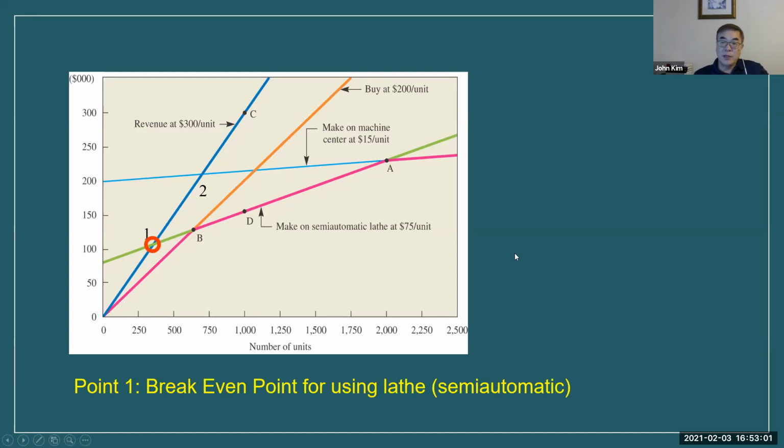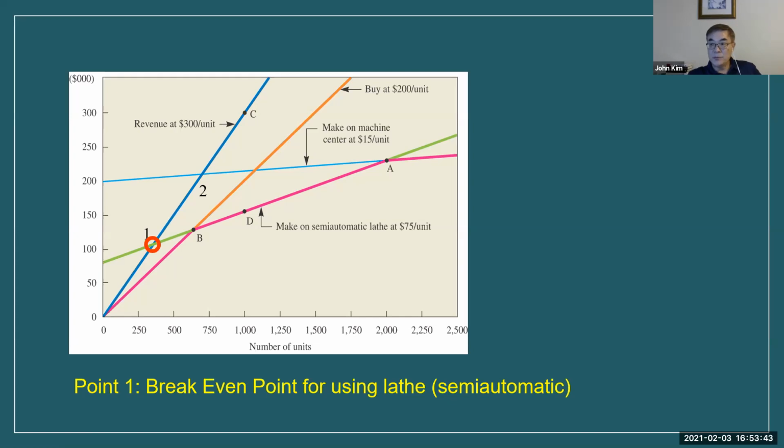Okay, first, point 1: the break-even point for using the lathe, the second option. Earlier I said for the first option the break-even point is 0 because there is no fixed cost. For the second option, because there is fixed cost, this point is the break-even point for that option.